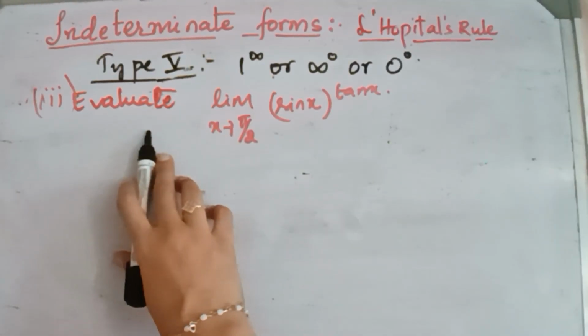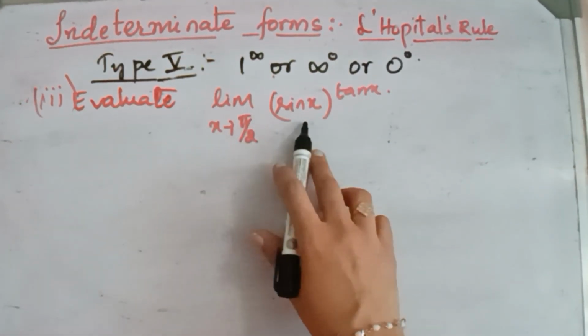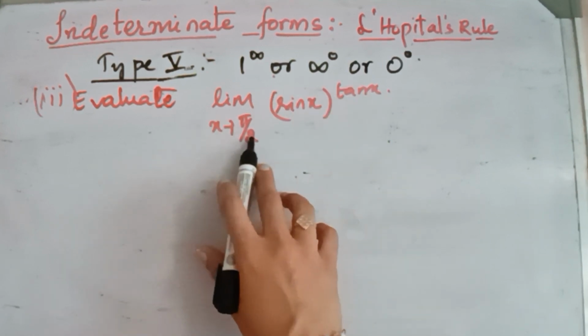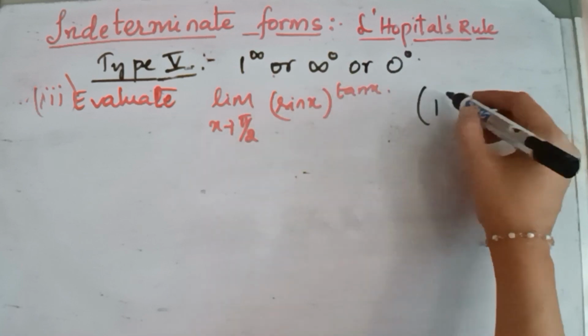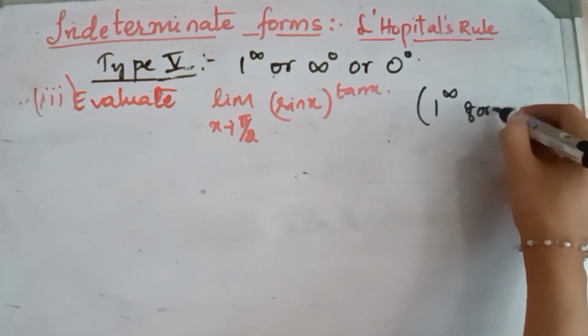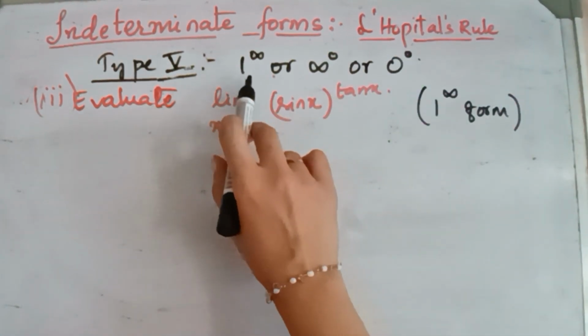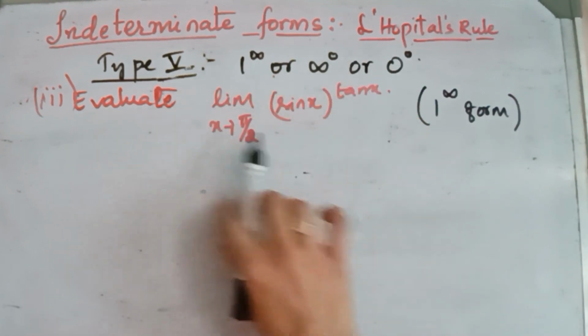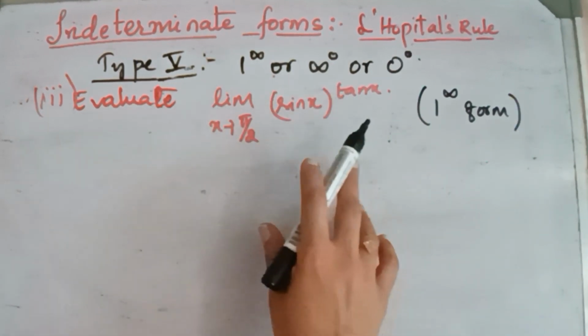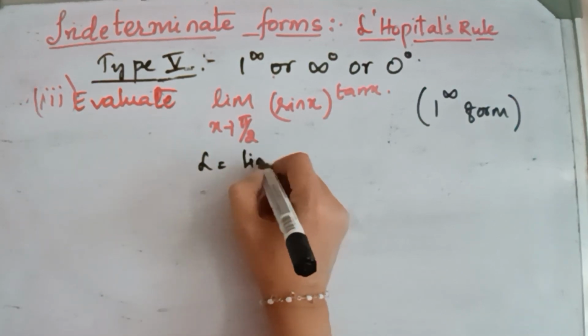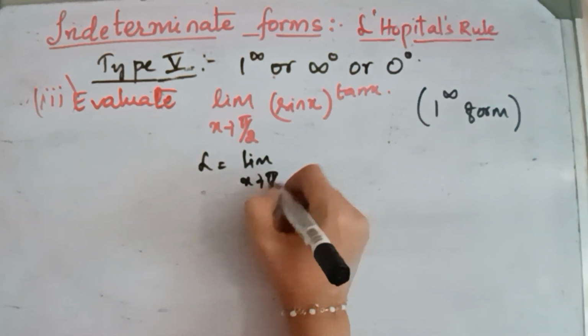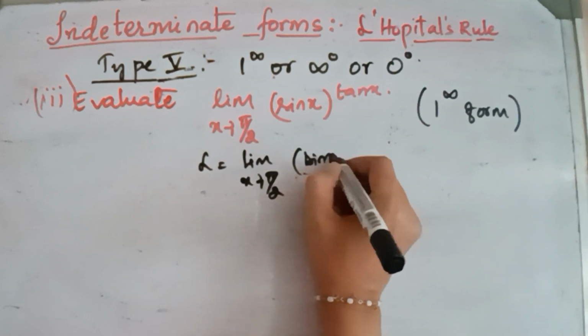Here is one more problem. Evaluate the limit of sin x to the power tan x as x tends to pi by 2. So, when you apply the limit, sin pi by 2 is 1, tan of pi by 2 is infinity. So, 1 to the power infinity form. For any of these forms, you have to consider this value as L, then apply natural logarithm on both sides. So, L equals limit as x tends to pi by 2 of sin x to the power tan x.